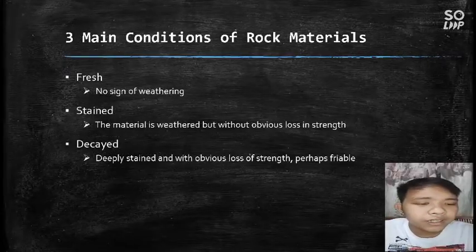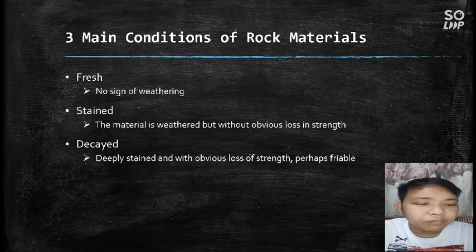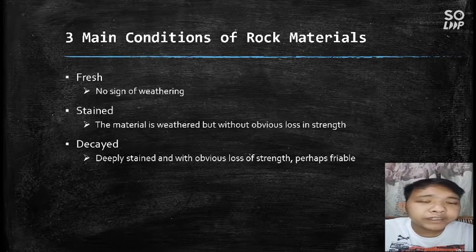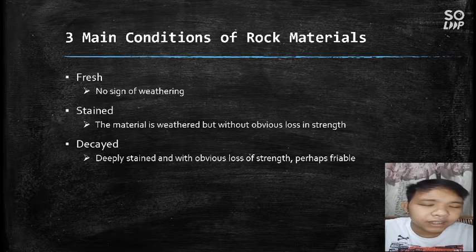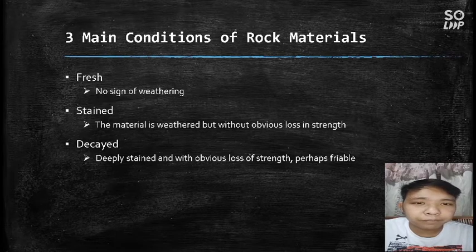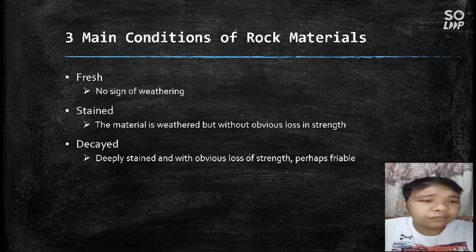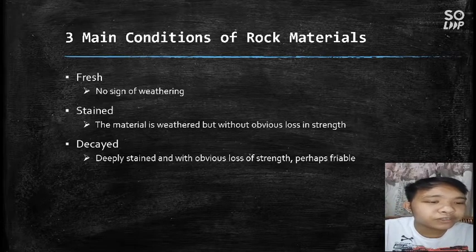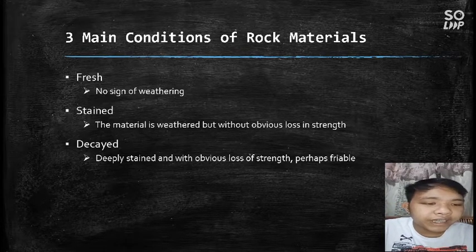Next is the three main conditions of rock material. This is the same as the three conditions of discontinuity weathering. It's just that the names are somewhat changed. So first is the fresh condition, second is stained, and lastly is decayed.